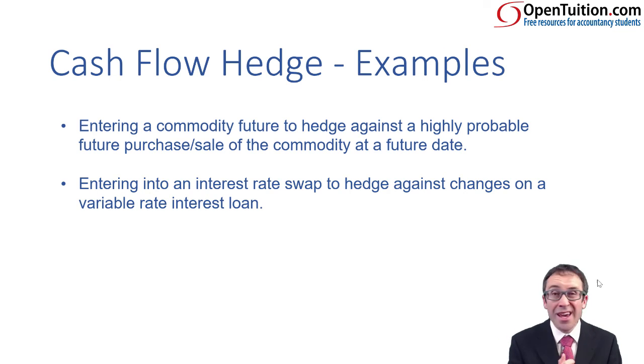Where have these things appeared in exam questions? There has been a tiny bit of hedge accounting in the past within a group profit or loss and other comprehensive income question. Whereby, if memory serves me right, you were quite simply just told there was a gain or a loss on a hedging instrument in a cash flow hedge. Simple.